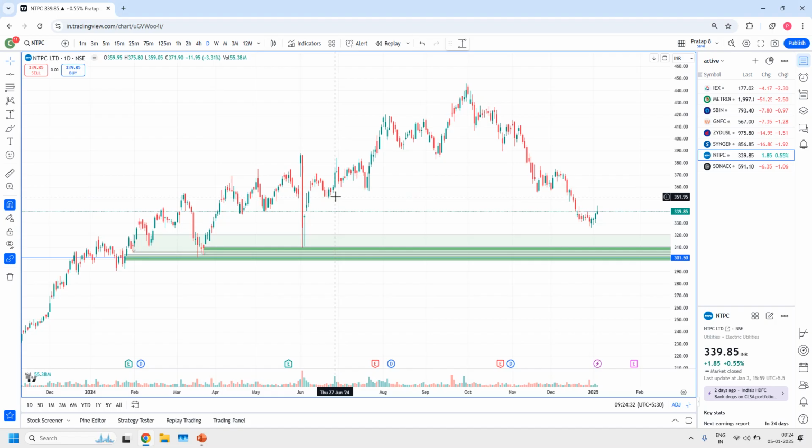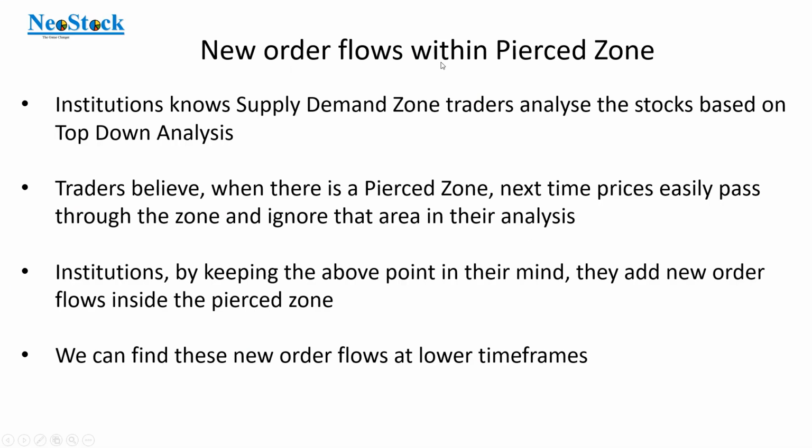How retail traders are thinking about the pierced zones. All these are the reasons behind why institutions are reusing pierced zones. Maybe this is the right word. Institutions are reusing the pierced zones. Maybe that could be the right heading for this concept. New order flows within pierced zone is nothing but reusing the pierced zones.